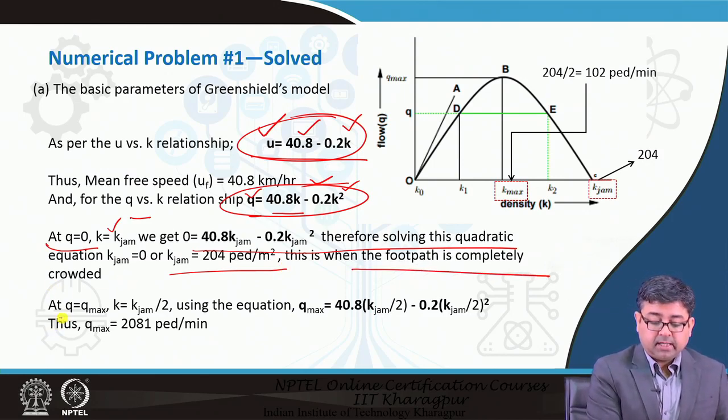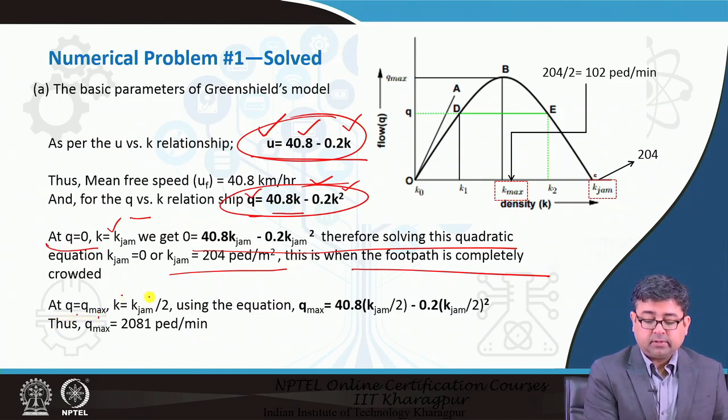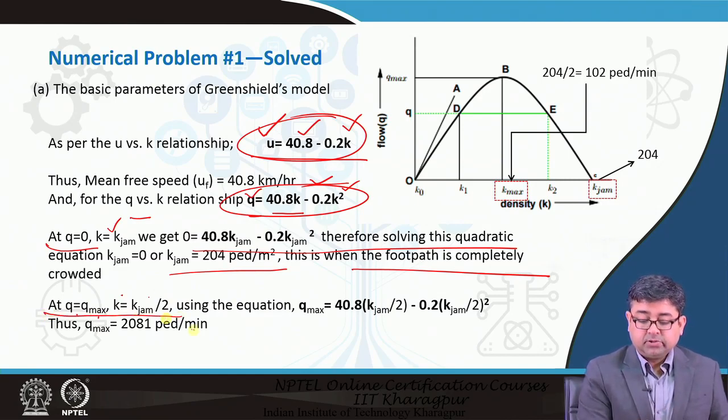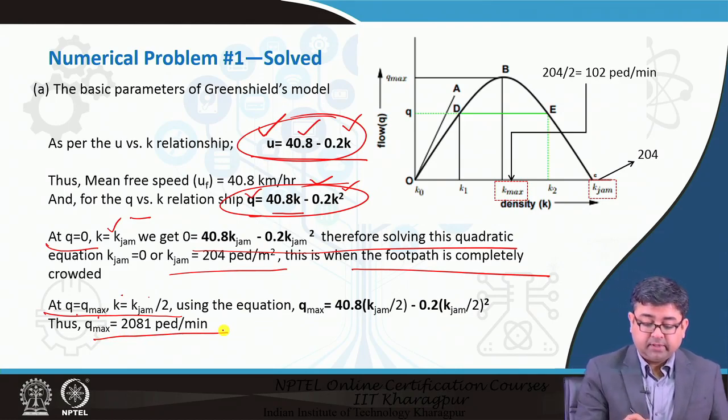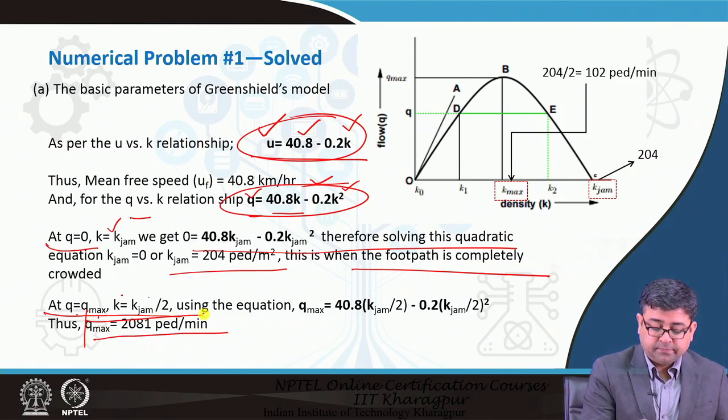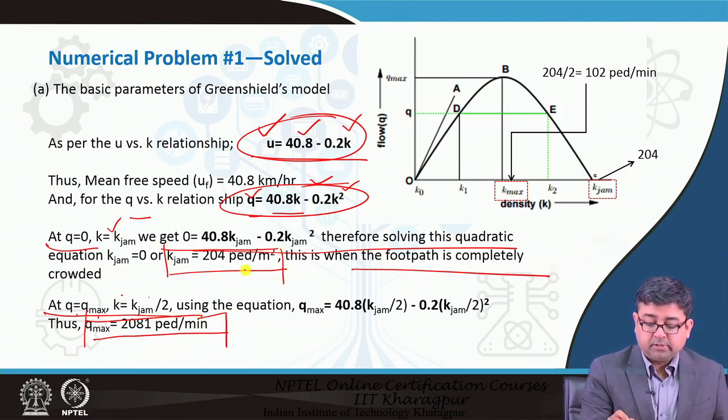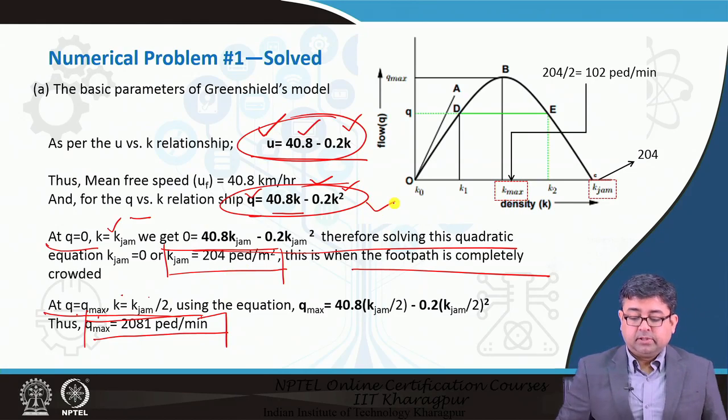And we also know that when q is q max, k is equal to k jam by 2. We have already established that. So, if you put it in this equation, we get q max as 2081 pedestrians per minute. Now, we have determined q max, we have determined k jam, and we also know the relationship between q and k.